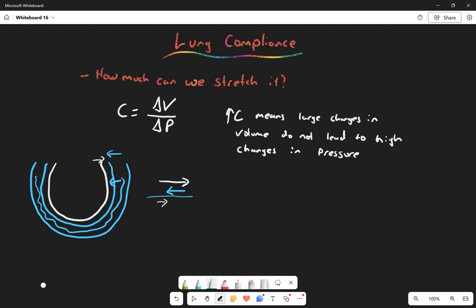And that net force is known as the transmural pressure, right? That transmural pressure.